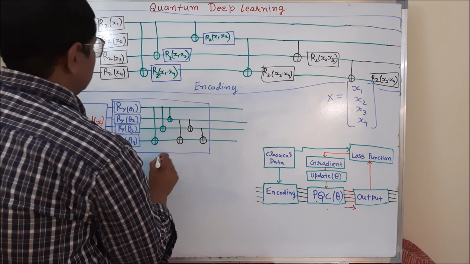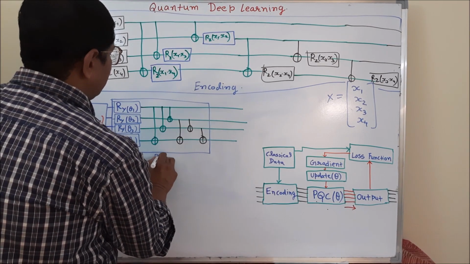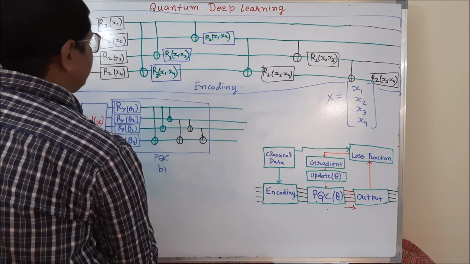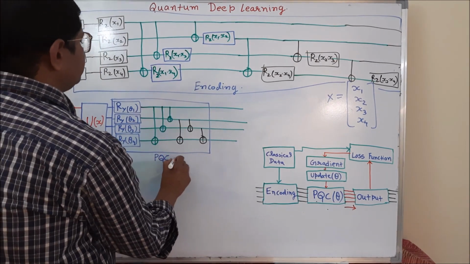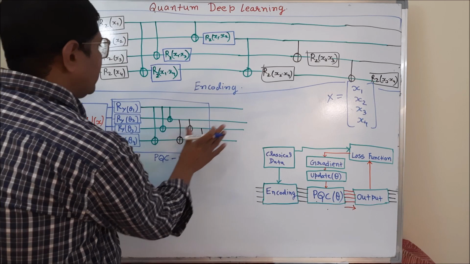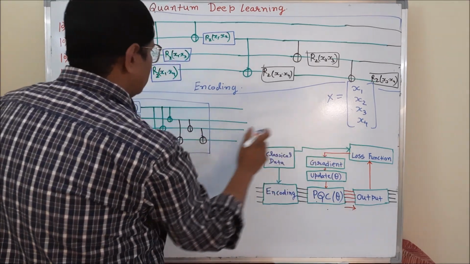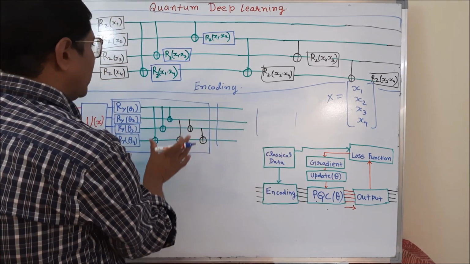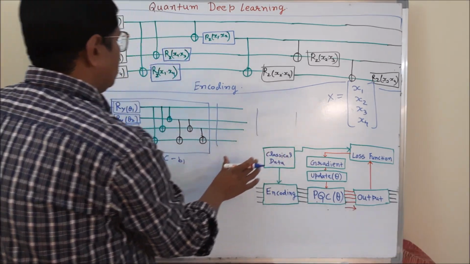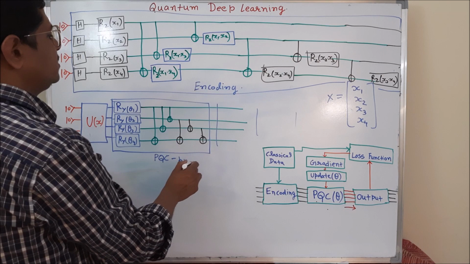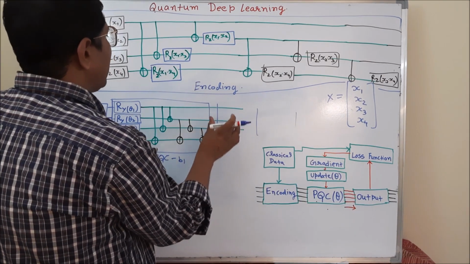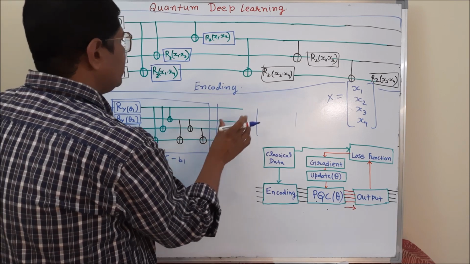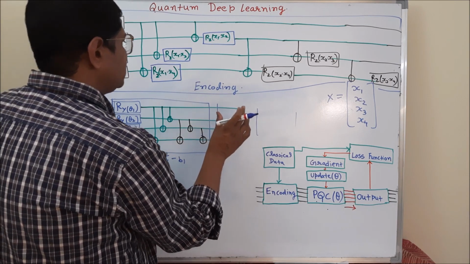One more thing, it is like a parameterized quantum circuit. This is block 1, like we said, B1. We can add multiple such blocks here. As you increase the number of blocks in the parameterized quantum circuit, you will have the capacity in your network to learn more feature depth and feature quality.